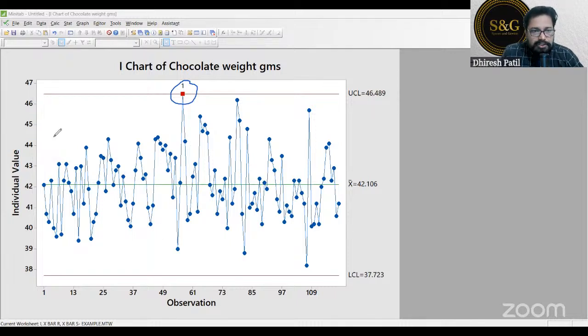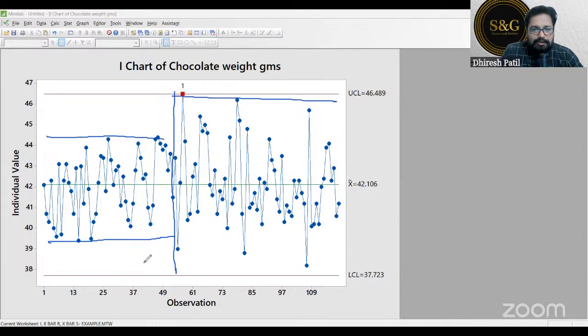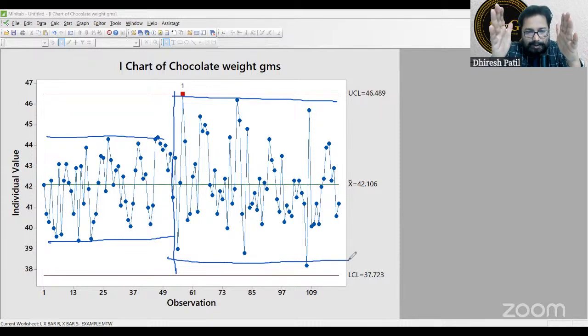Now, if you observe closely, there are actually two processes. How many of you observe this? Before the 50th point, the process has lesser variation, and after the 50th point, the process has more variation.